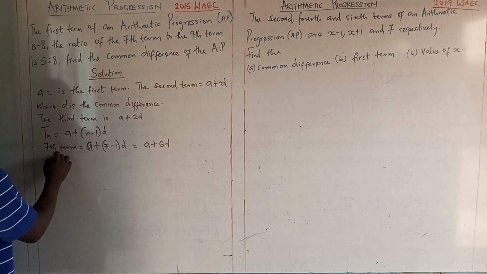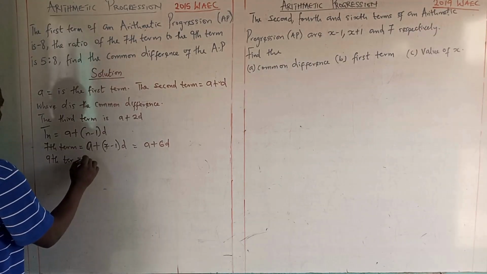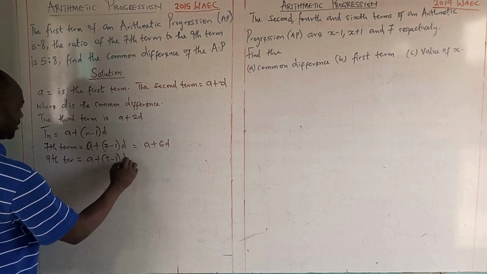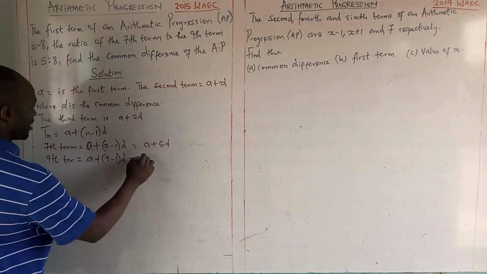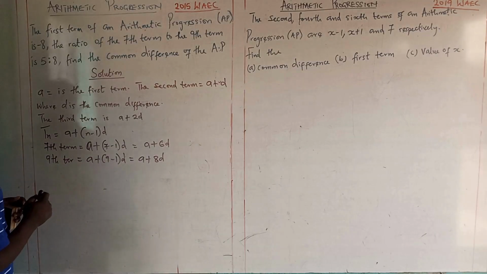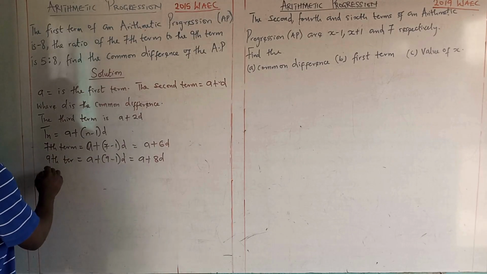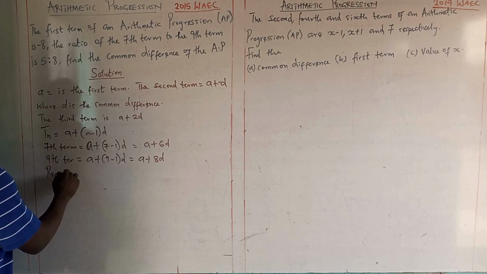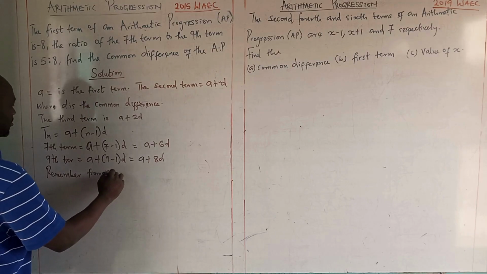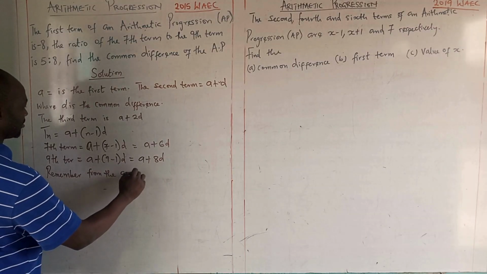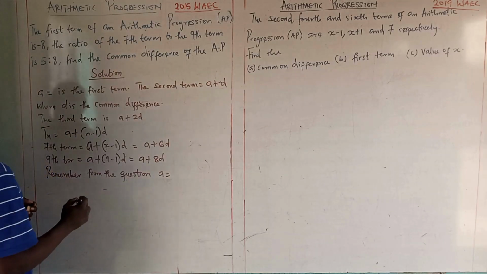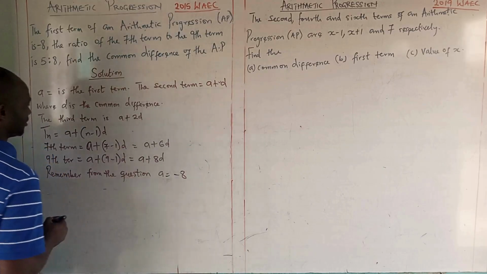Now, the ninth term is A plus 9 minus 1, D, which is A plus 8D. Alright? Now, remember from the question, A, that is the first term, is minus 8.